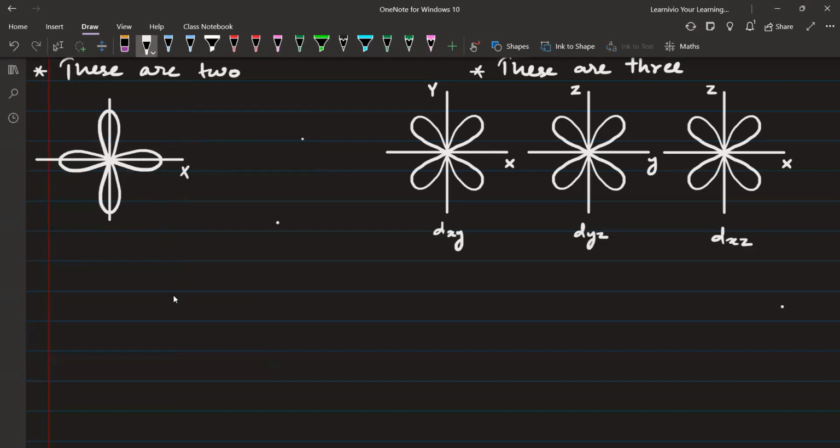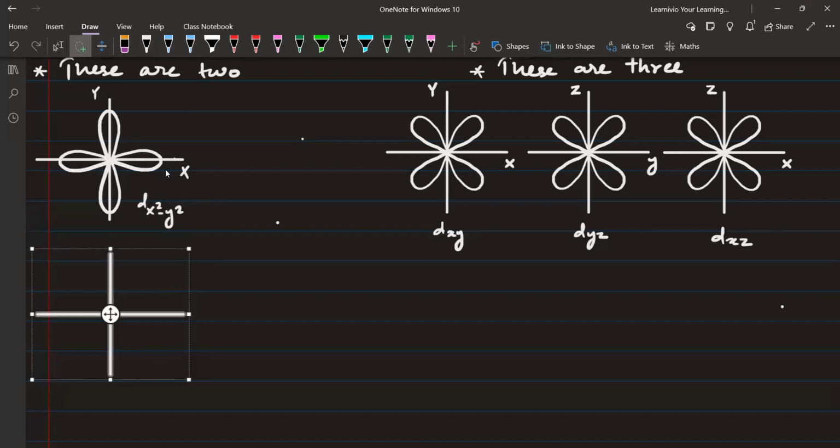This is the x-axis, this is the y-axis, and in this orbital the lobes are on the x and y axes, so its name is dx square minus y square. Then we have one more, known as dz square.